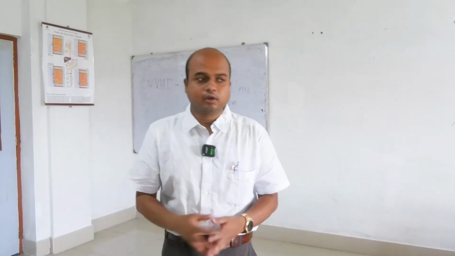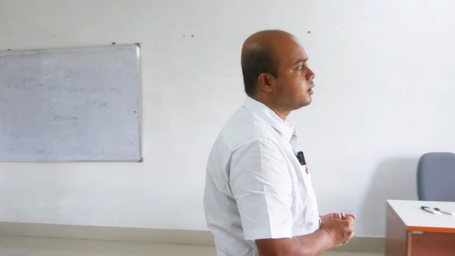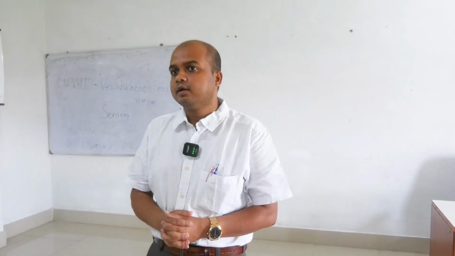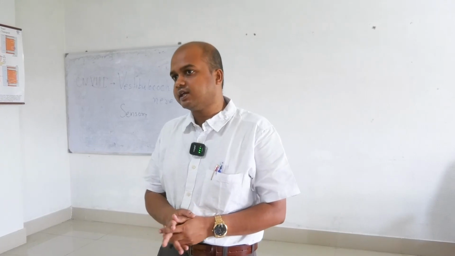Romberg's test interpretation is sensory ataxia if the person tends to fall after the eyes are closed. The sensory cue is gone, proprioception is defective, so this is sensory ataxia.